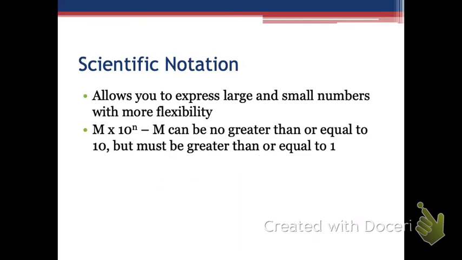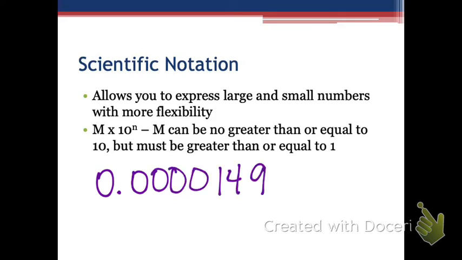Let's say that I want to express this number in scientific notation. Okay, I want that number to be put into scientific notation. Now, I need to check to see where my original decimal place is. Right here. But where does my decimal place need to go?